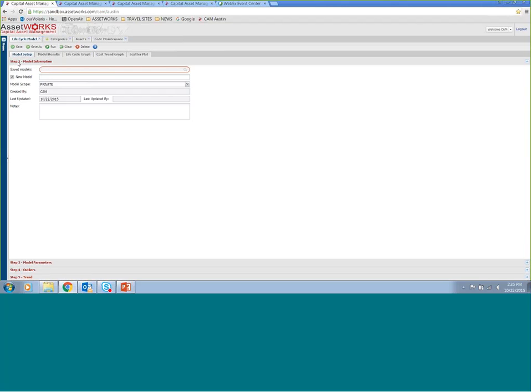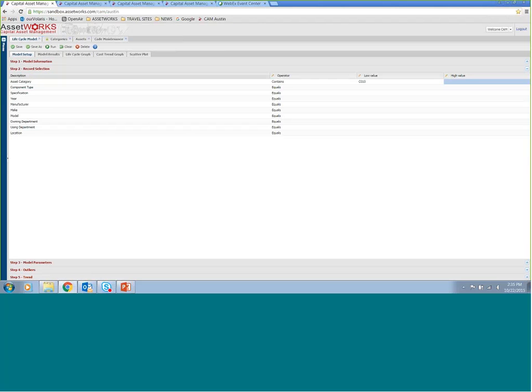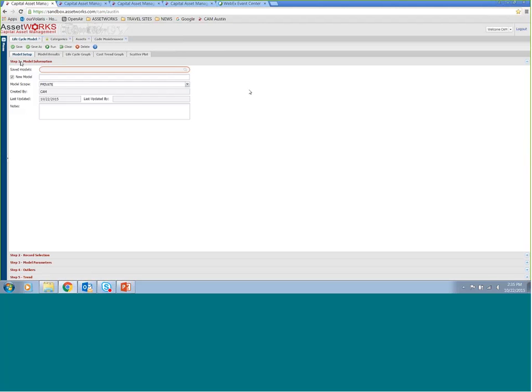So I'll start first with the model information. When I set up a model, I can give the model a name, and when I save it, that'll save this data to that model. Now I can make it a private model or a public model.